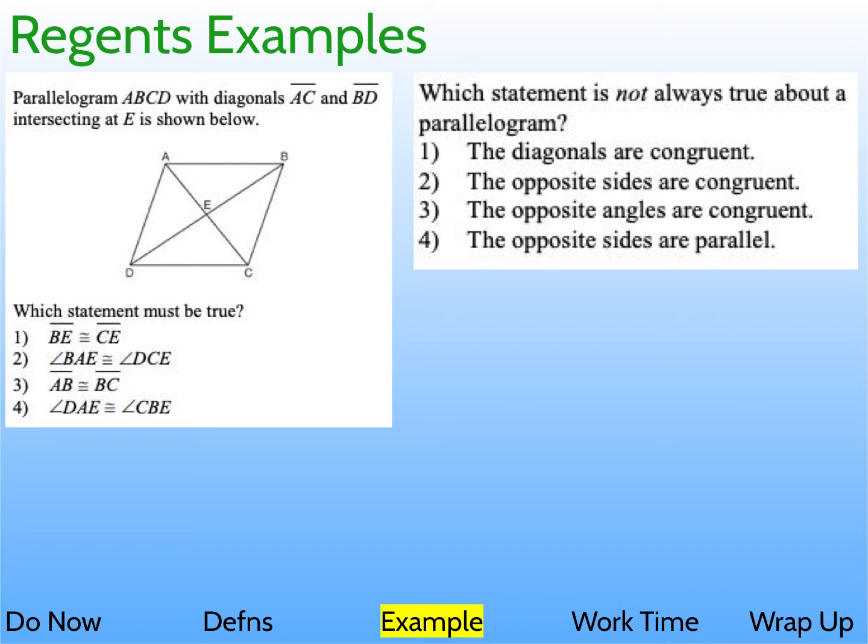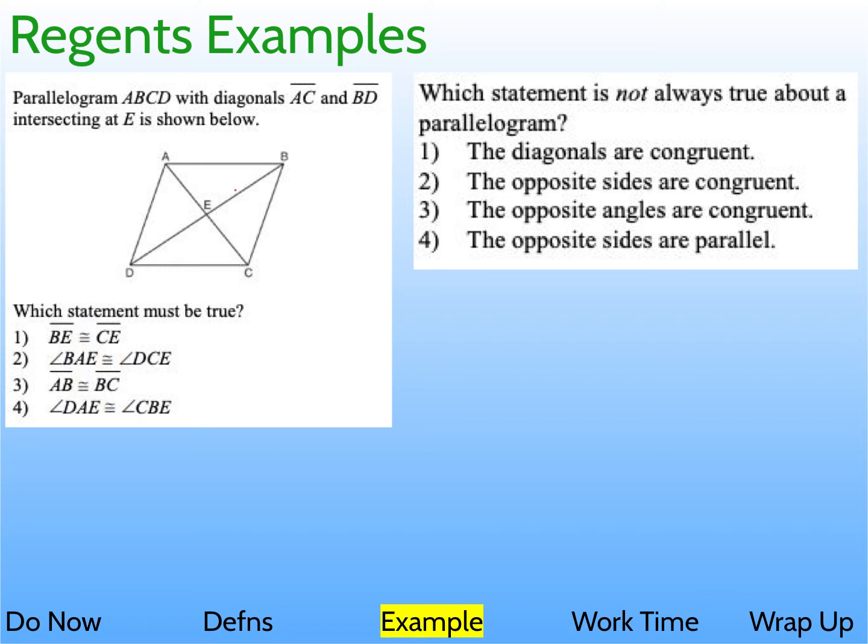Okay, so now we have a couple examples from old Regents exams. In the first one, it says parallelogram ABCD with diagonals AC and BD intersecting at E is shown below. So here's AC, here's BD, they intersect at point E. Which statement must be true? Well, let's take a look at these things. BE congruent to CE.